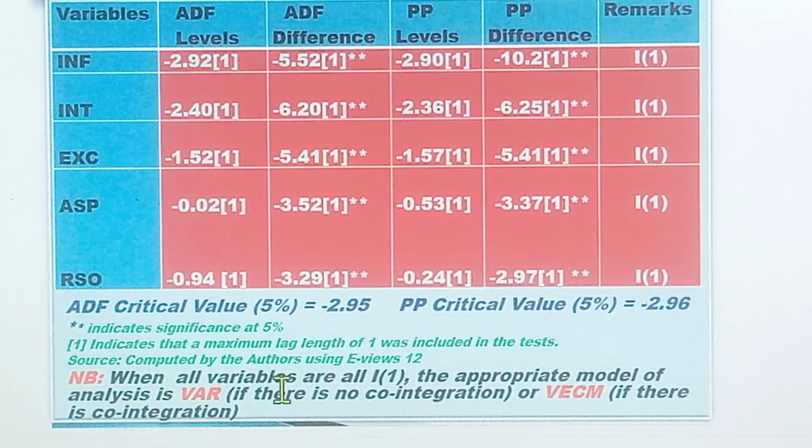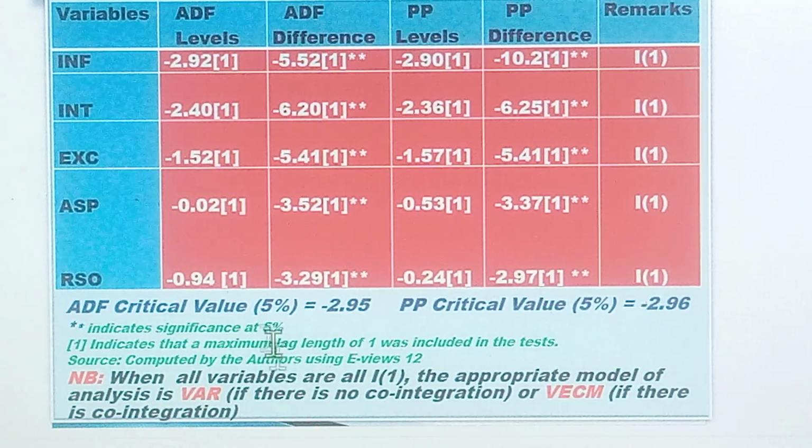However, with I(1), if they are tested not to be co-integrated, that is, there is no co-integration, the appropriate model of analysis is VAR. Although there are varying views on this, there are different rulings too. In fact, I have seen studies in economic literature where researchers have used VAR despite having I(1) variables all through, and the test of co-integration shows that there is co-integration.